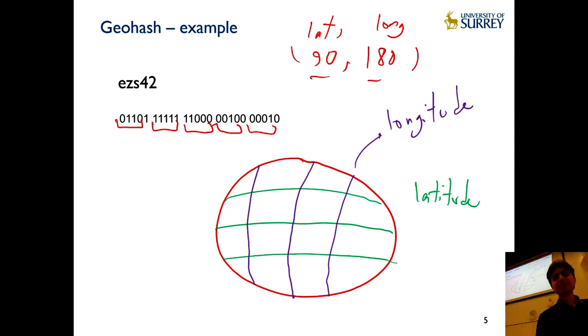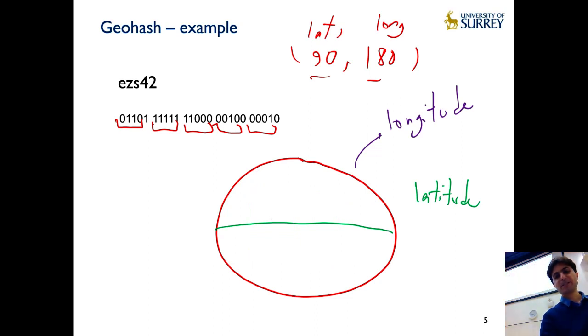Now let's start with a very simple and basic description of these lines. If I have my first latitude line, it differs between plus 90 and minus 90. Latitude goes between plus 90 and minus 90. If I have something here, can I say this is in my 0 point? And if I have it here, can I say this is in my 1 point?